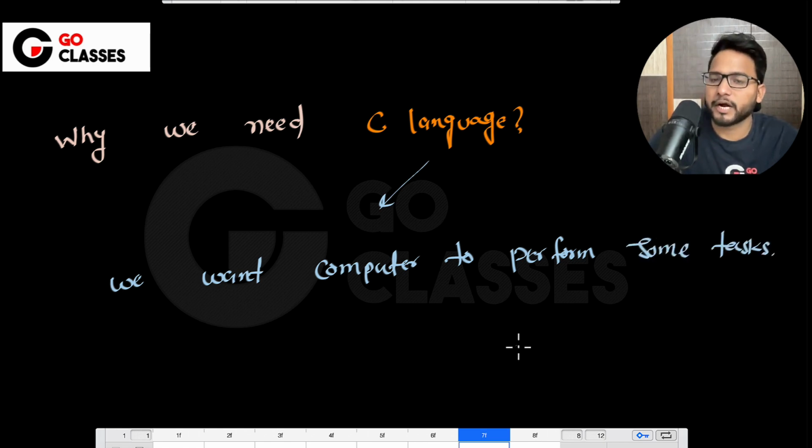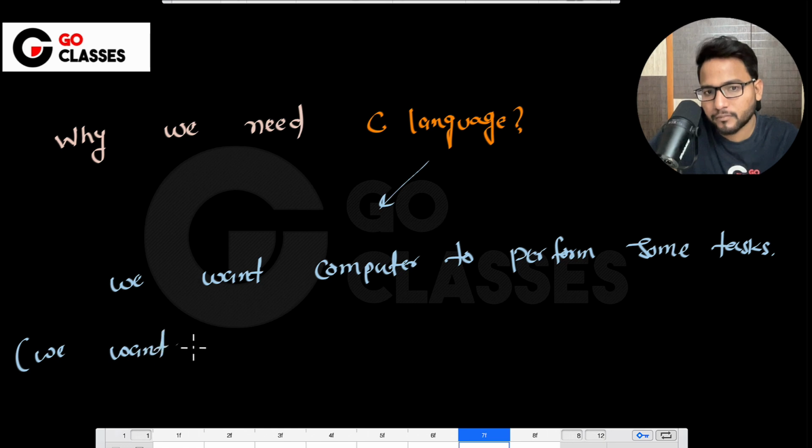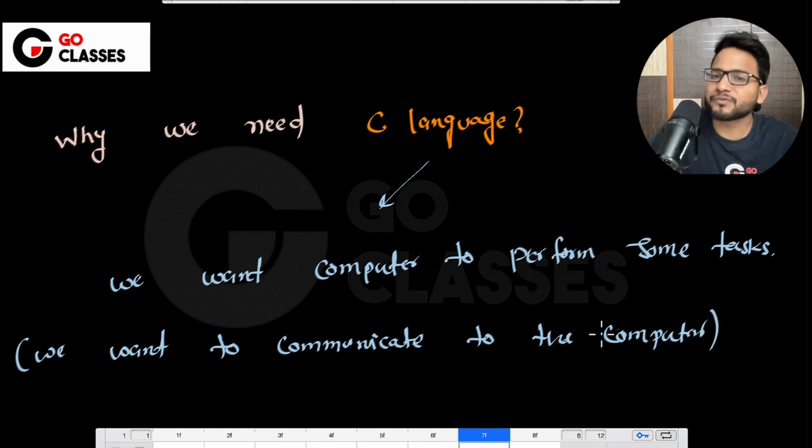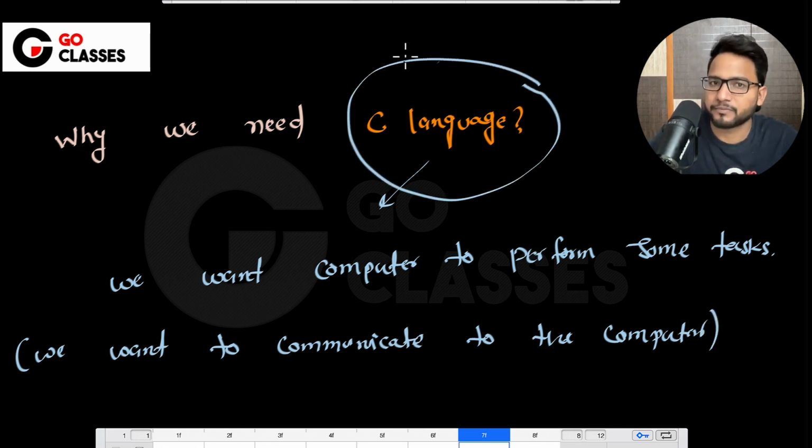That's all. And we want to communicate to the computer, basically, right? So you can say we want to communicate to the computer. So that's where we require this C language.